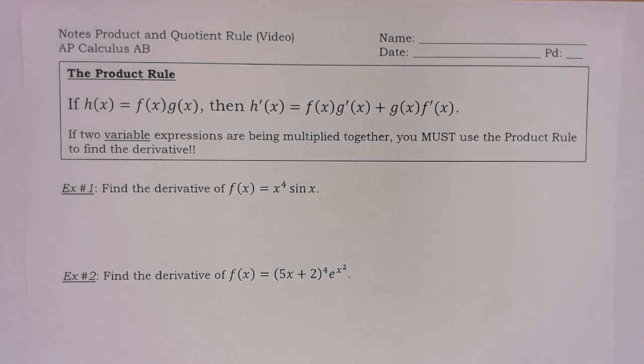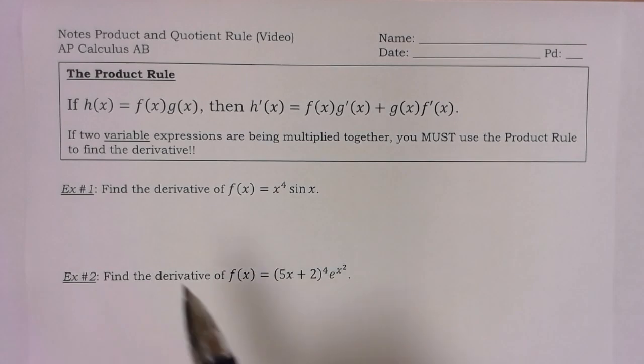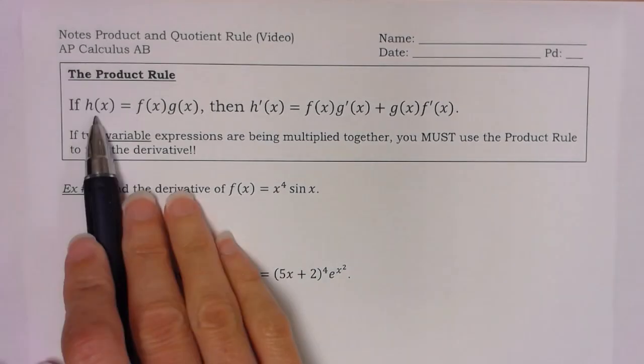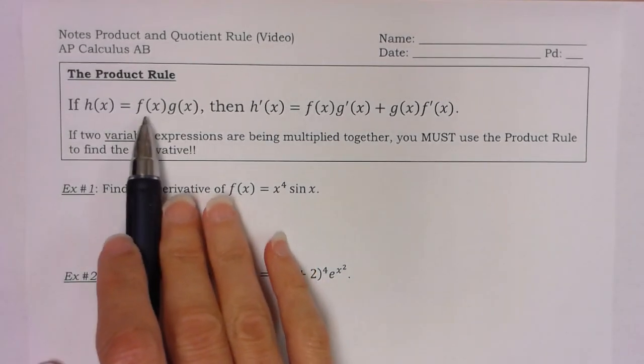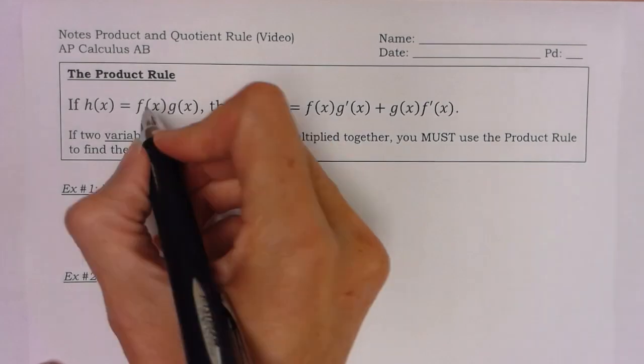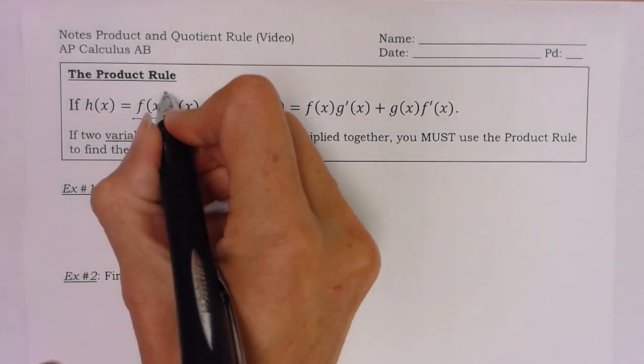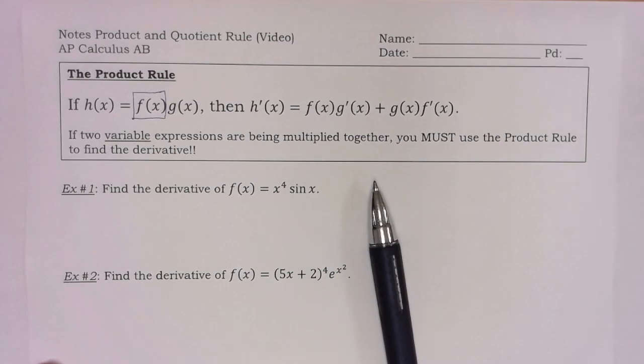So in this box we have that if our function is h and we have two functions that are being multiplied together, I have f, some function f, times some other function g.